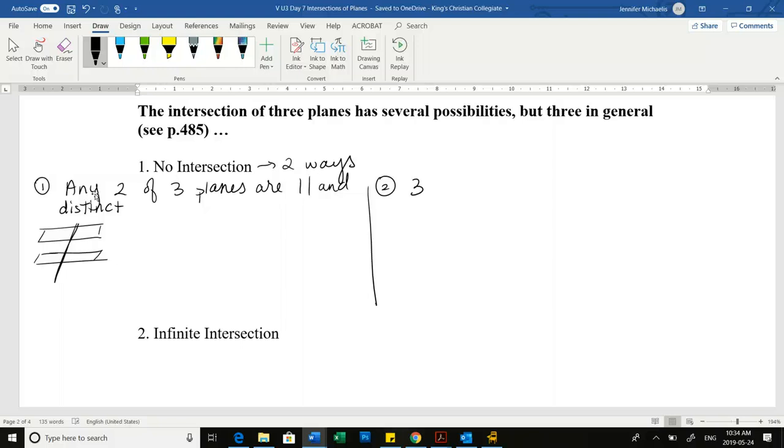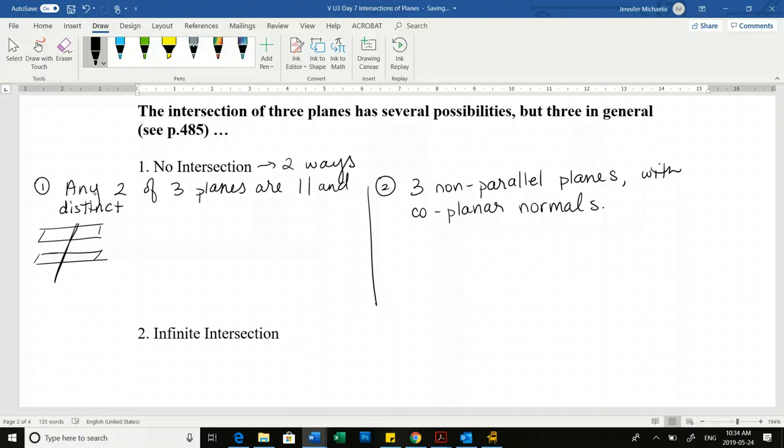The other thing we can have is 3 non-parallel planes with coplanar normals. Essentially, if I have normals that are all parallel to one another, or 2 normals that are parallel, I know that's not going to produce 3 different normals that make a plane.